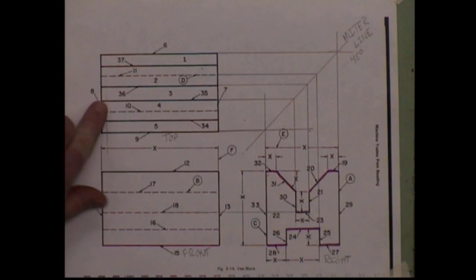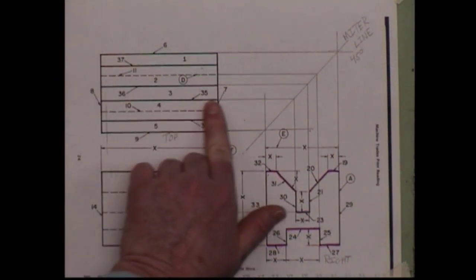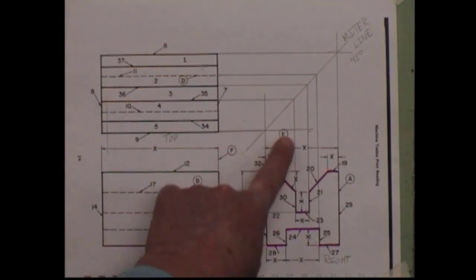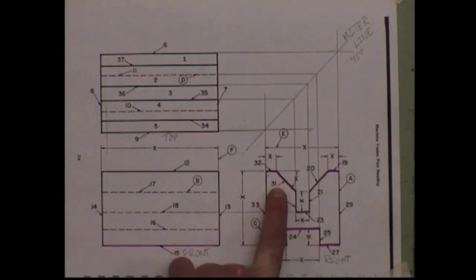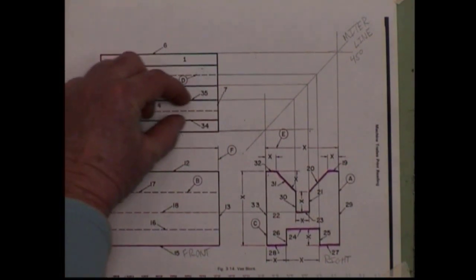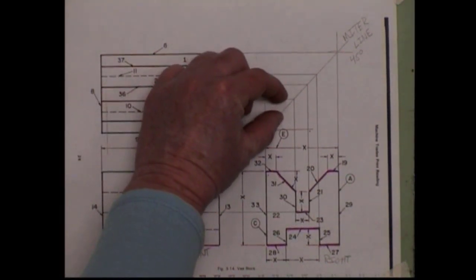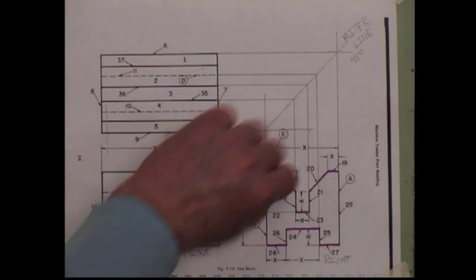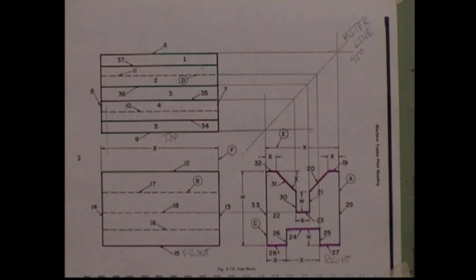So if we come over here, this is surface 4, and we go to our miter line and then come down, we see that that is 31. So surface 4 all the way across to the miter line, all the way down, 31.